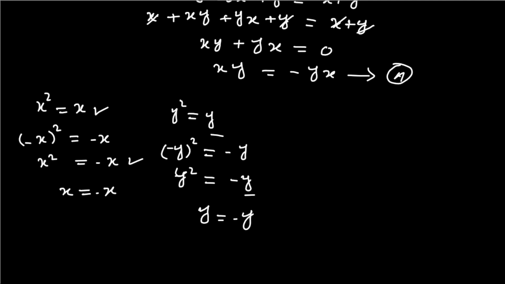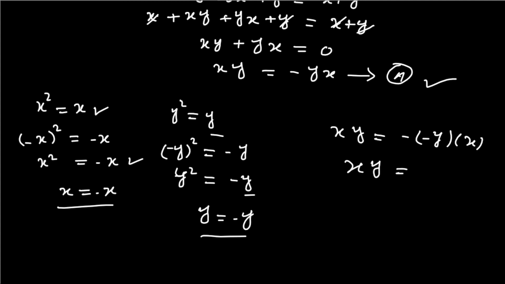So you can put x is equal to minus x or y is equal to minus y in equation A. When you put it in equation A, you will get the required result. xy is equal to minus y times x, and this minus minus will be plus, so you will get xy is equal to yx. Hence we have proved the commutativity.